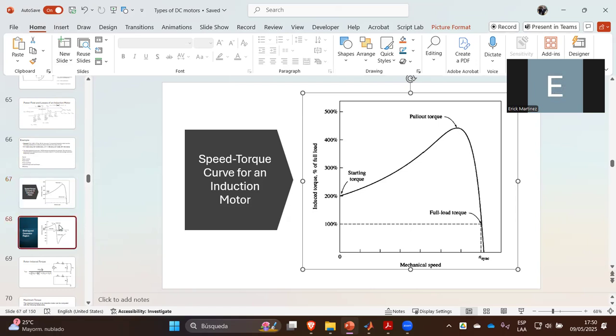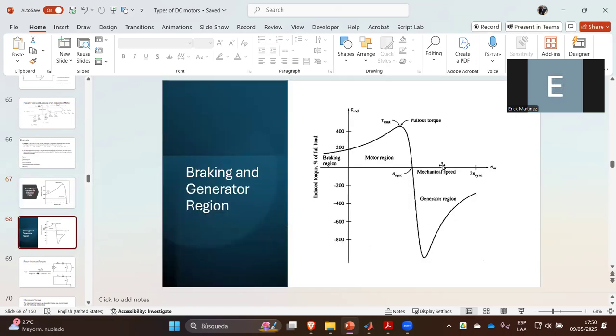Now, what happens when you surpass the synchronous speed, when the rotor of the induction motor has a greater speed than the synchronous speed? You will enter another region that we call the generator region. Remember that any electric motor can work as a motor, converting electrical energy to mechanical energy, but we can also take mechanical energy and convert that to electrical energy.